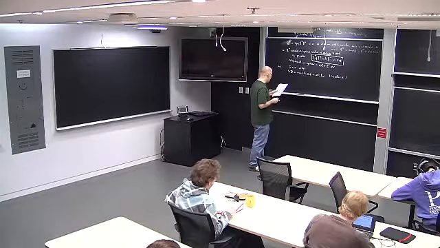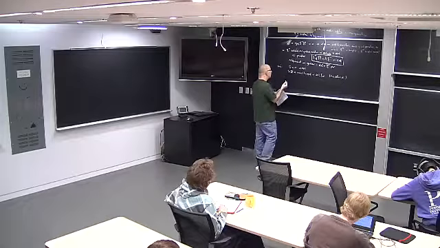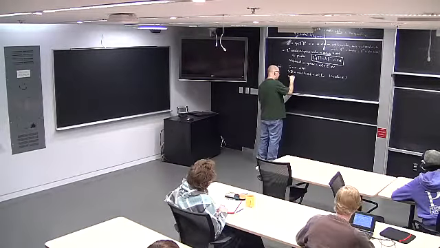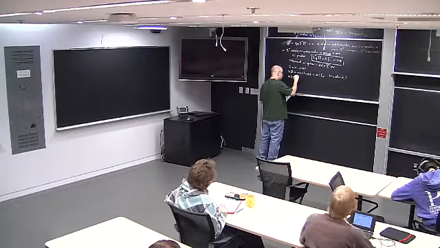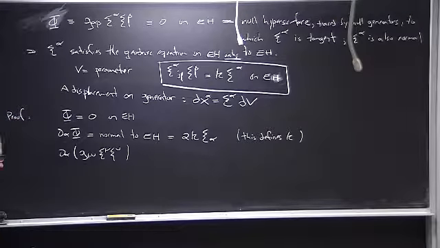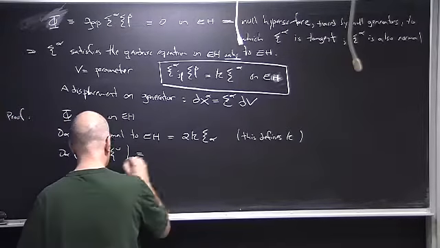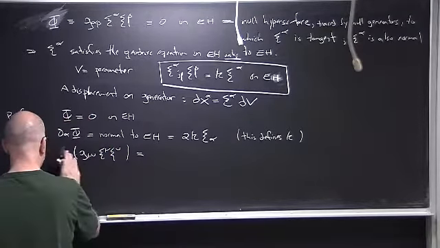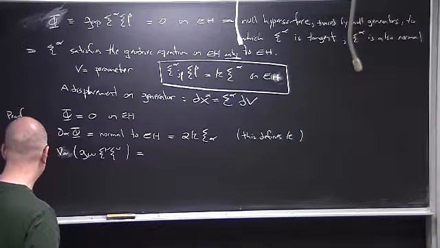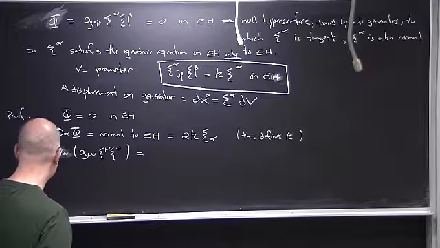So what we can do now is to go back to the definition of phi. This guy here is defined as the norm of the killing vector. So we can differentiate this. I can replace this by a covariant derivative. Then the metric is transparent to this.